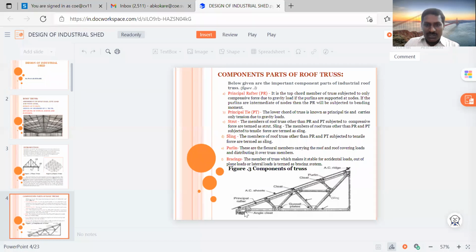So if you see here, this is the topmost inclined member that shows the principal rafter.